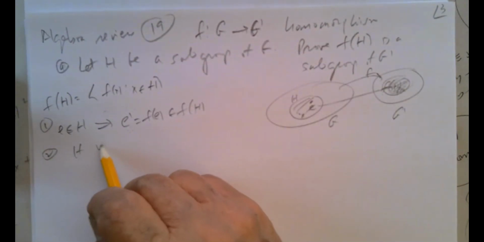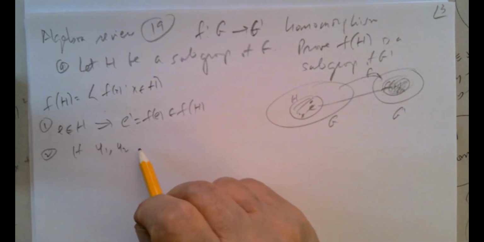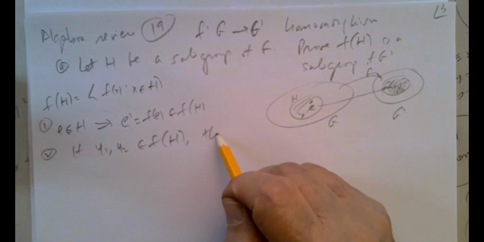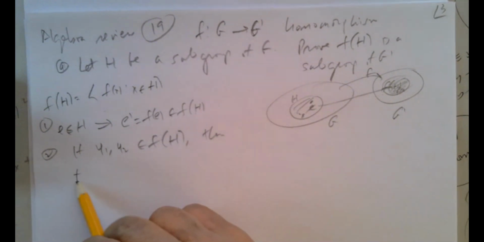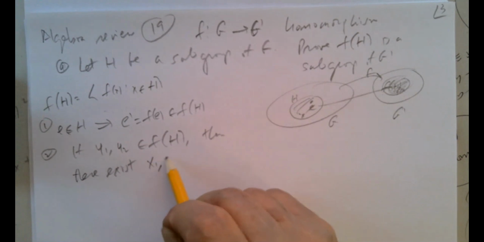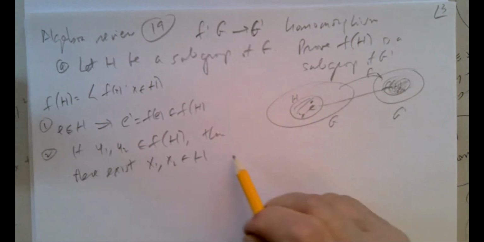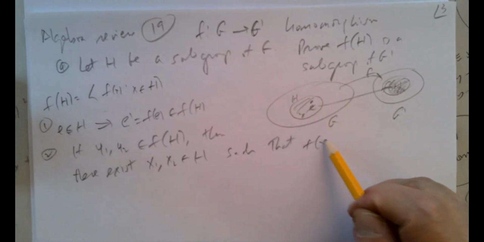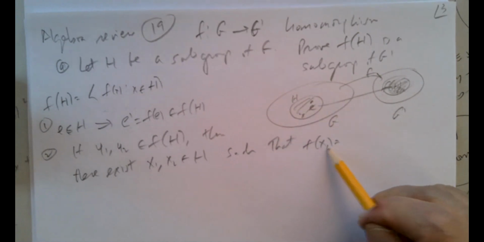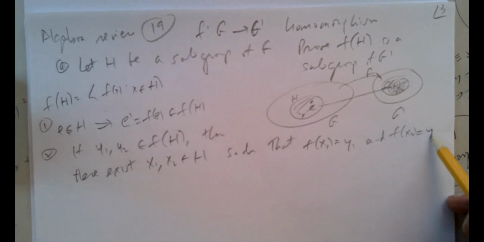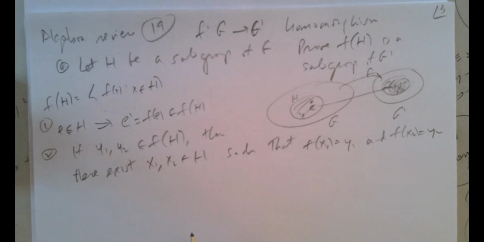Second, if y1 and y2 are elements of f of H, what does that mean? Then there exist elements x1 and x2 in H such that f of x1 equals y1 and f of x2 equals y2.